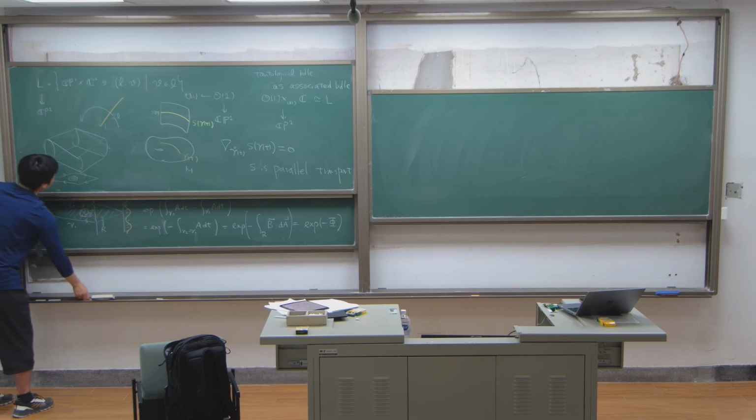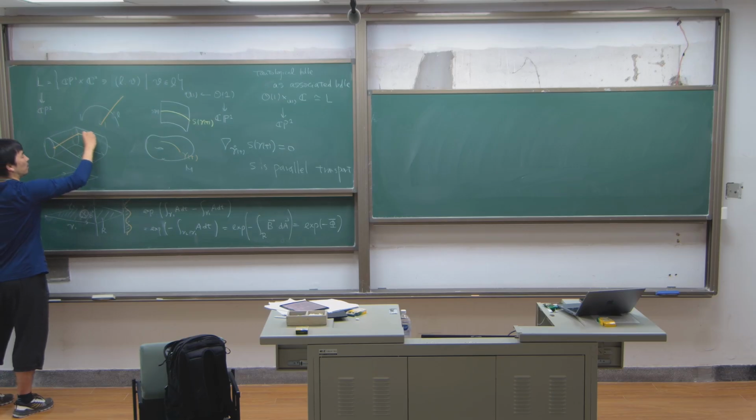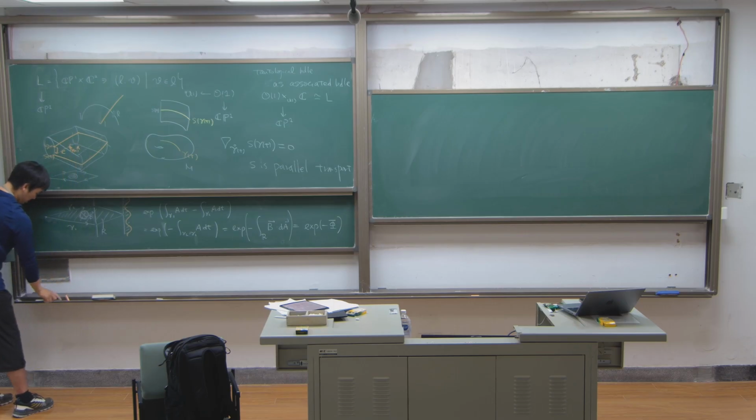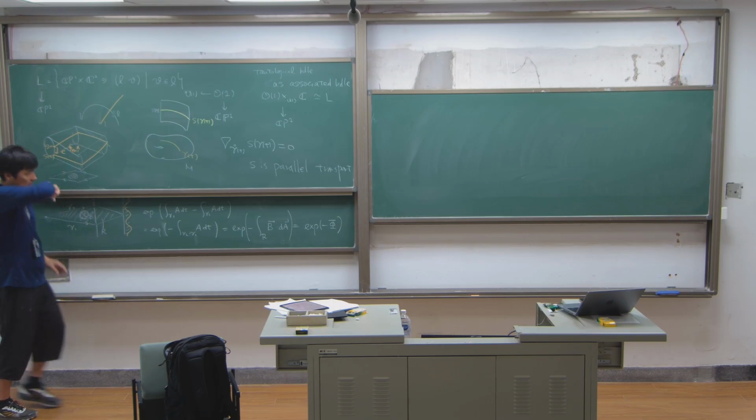And do the parallel transport. You start with S0 here, then you do parallel transport, like this. S0 and S1. And the difference is e to the minus delta gamma T. I think that's the best way to find it.